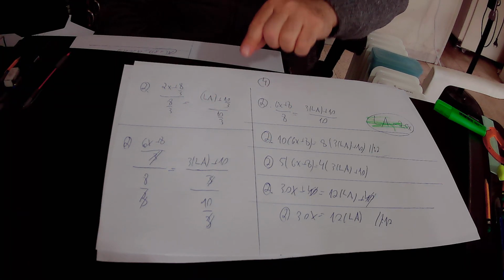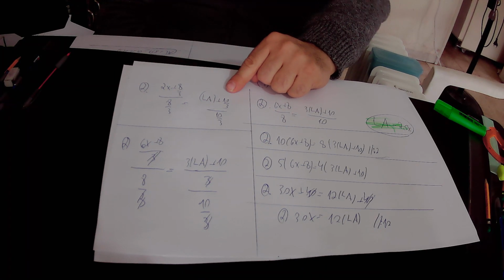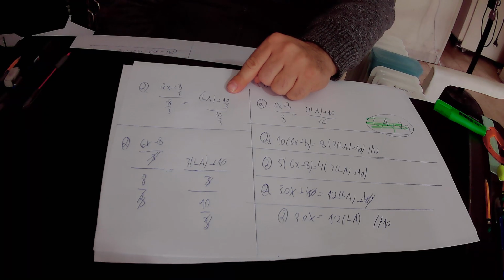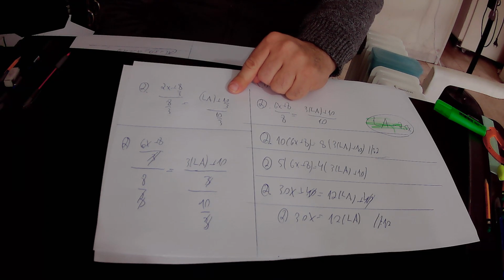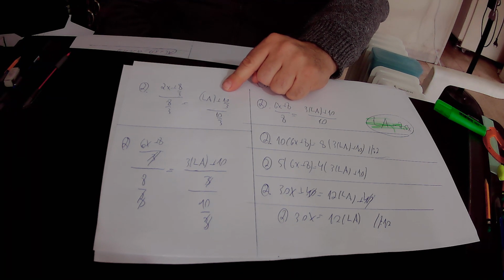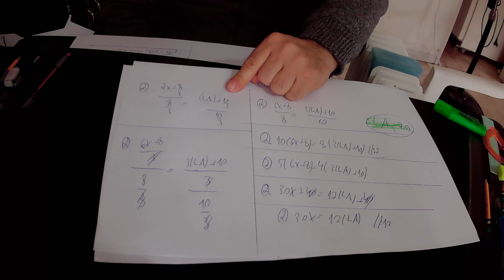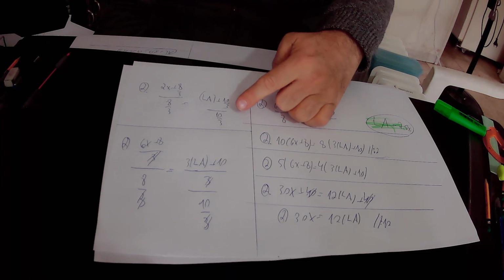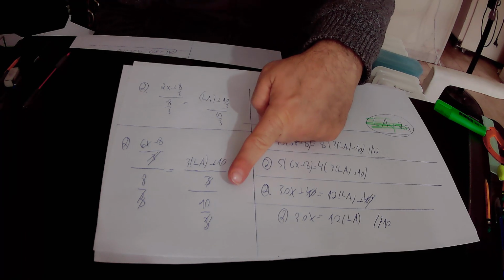On the other side of the equation, we have LA plus 10 over 3. So we multiplied LA by 3 and then we divided by 3 in order to have a common factor with 10 over 3. LA times 3 is 3LA, so in total, in the numerator of this expression, we have 3LA plus 10 divided by 3, and we also have to divide it by 10 over 3.